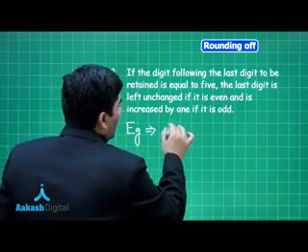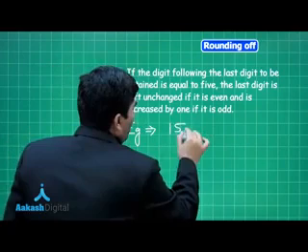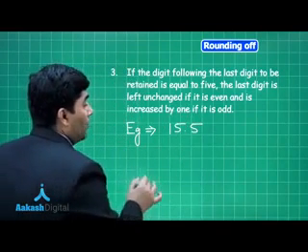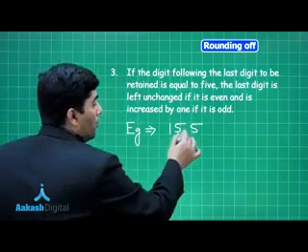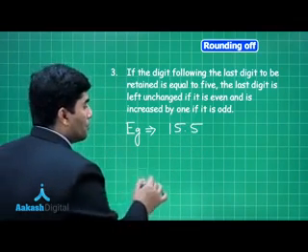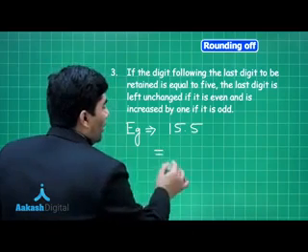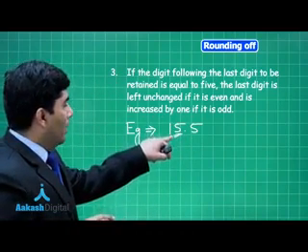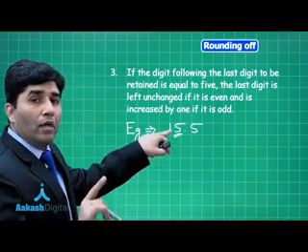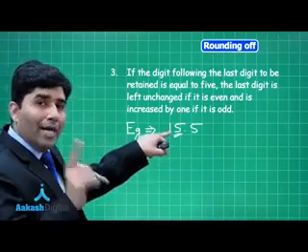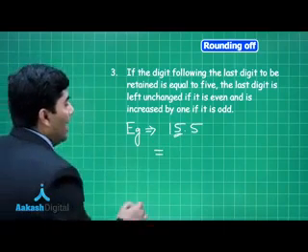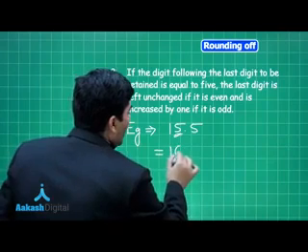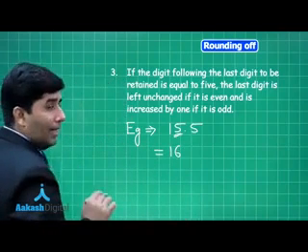If we have 15.5, now after the decimal we have 5, before the decimal we have 5. We have to check this number, is it even or odd? This number is odd. That's why we have to add 1 and our final answer will be 16, right?